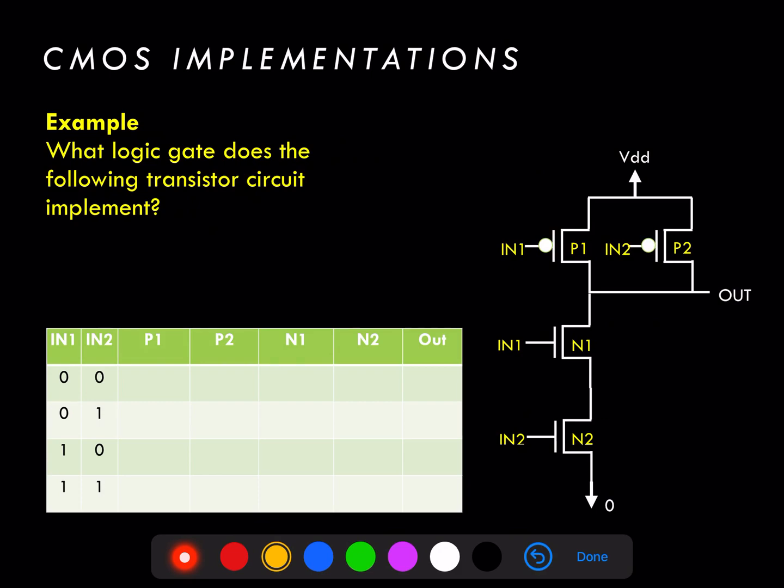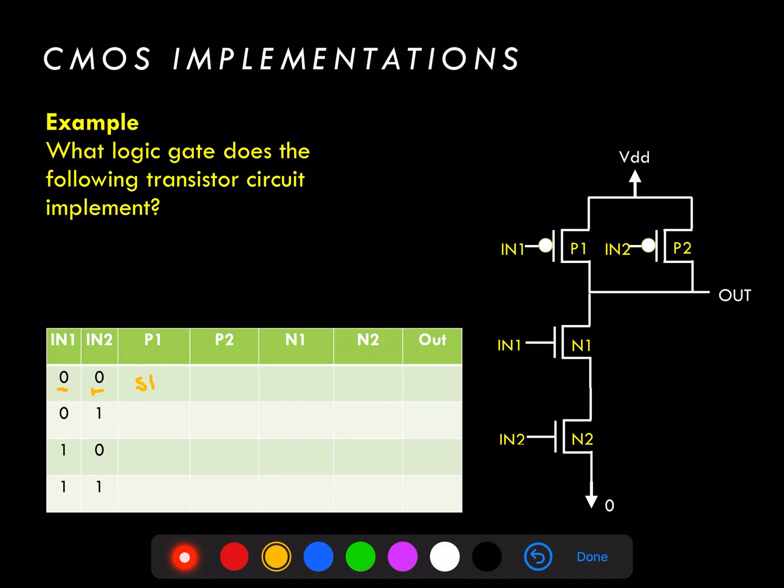Let's take a look at a few examples to understand how this works. In this first example, we have two inputs, N1 and N2, and each input is going into two transistors, one NMOS transistor and one PMOS transistor. The two PMOS transistors, P1 and P2, when they see an input of 0, turn into short circuits as discussed in the models of the previous slide.